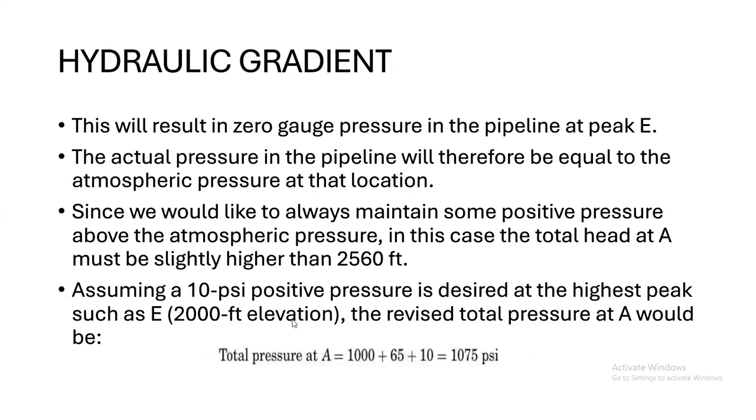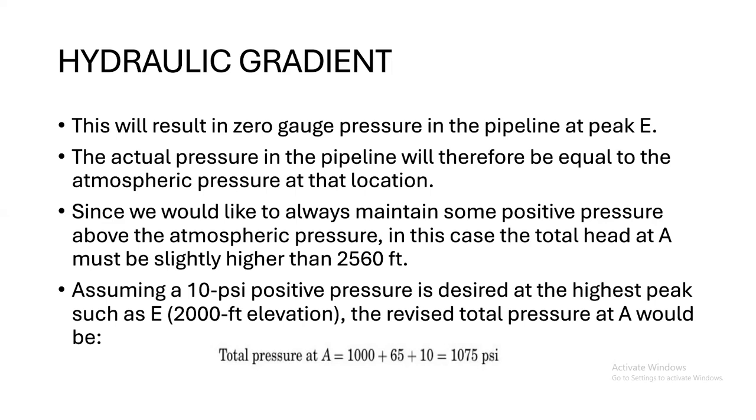This will result in a zero gauge pressure in the pipeline at peak E. The actual pressure in the pipeline will therefore be equal to, whenever the gauge pressure is zero, which means your pipeline is close to atmospheric pressure, right? So the actual pressure in the pipeline will therefore be equal to the atmospheric pressure at the location.